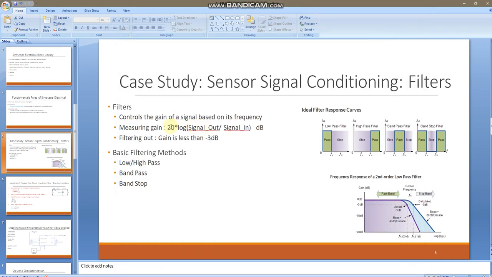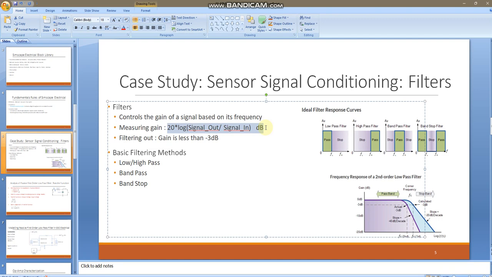For that, people have developed an expression based on the amplitudes of the input and output signal, and upon evaluation of this expression it will yield a value which has the units decibels, and if this value is less than negative 3 decibels, we consider the signal to be filtered out.